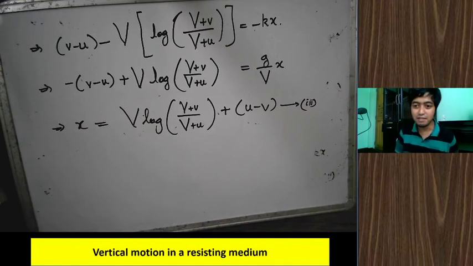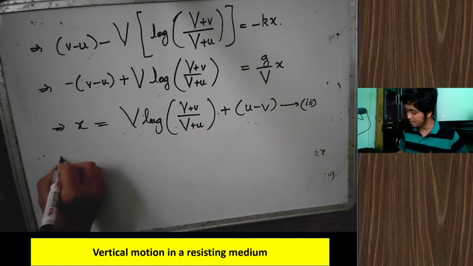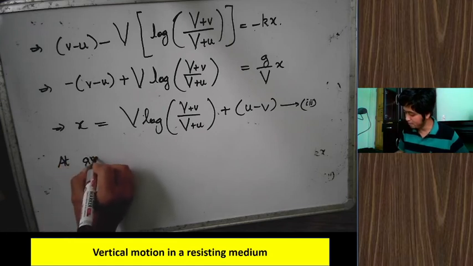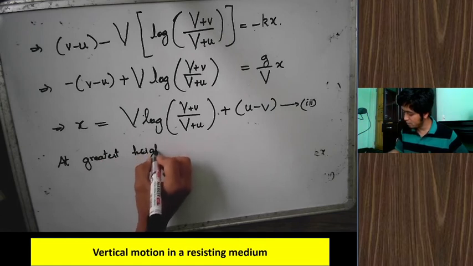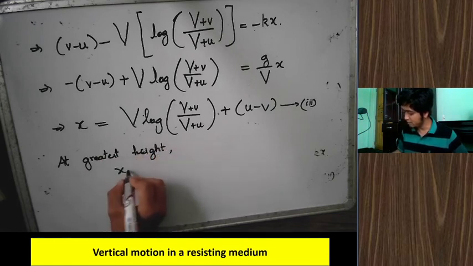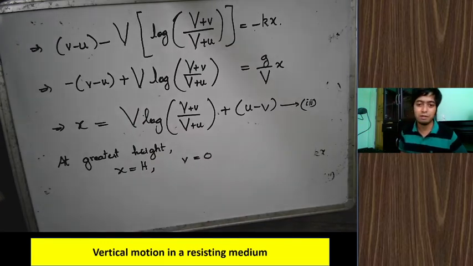But if you see, there is still some more to the question. We still need to find the greatest height as well as the time to reach the greatest height. We had already found the time to reach the greatest height. So now the only thing that is left, we will have to find the greatest height. So at the greatest height h, x will be equal to h and small v will be equal to 0.